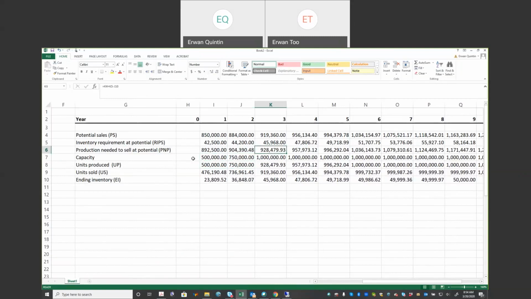Production needed to sell at potential is exactly what I'm going to produce, and that's because I'm at maximum capacity and everything is good. So that means that, for instance, here in principle, I may want to produce in such a way as to hoard some inventory in case capacity was going to be a problem down the road, but I can't. And then starting in year 3, I'm already able to meet potential. So that means that I do not have any additional need to go above production.